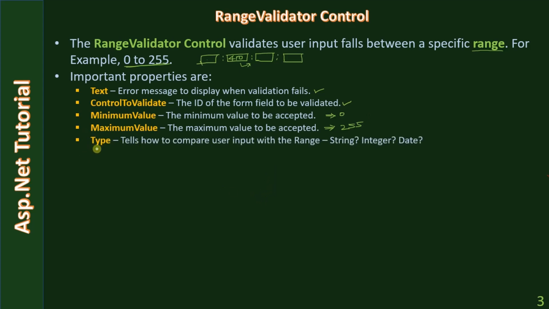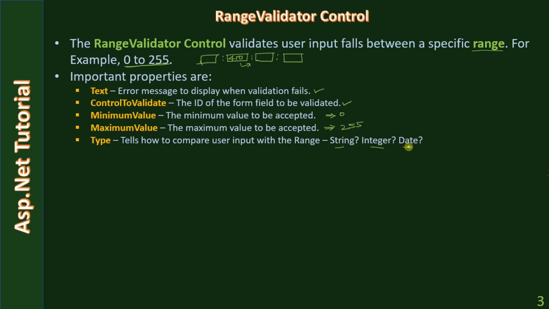There is a property called type, which tells how to compare user input with a range. Whether you are using string, integer, or date, based on that you can specify how the range validator will kick in.